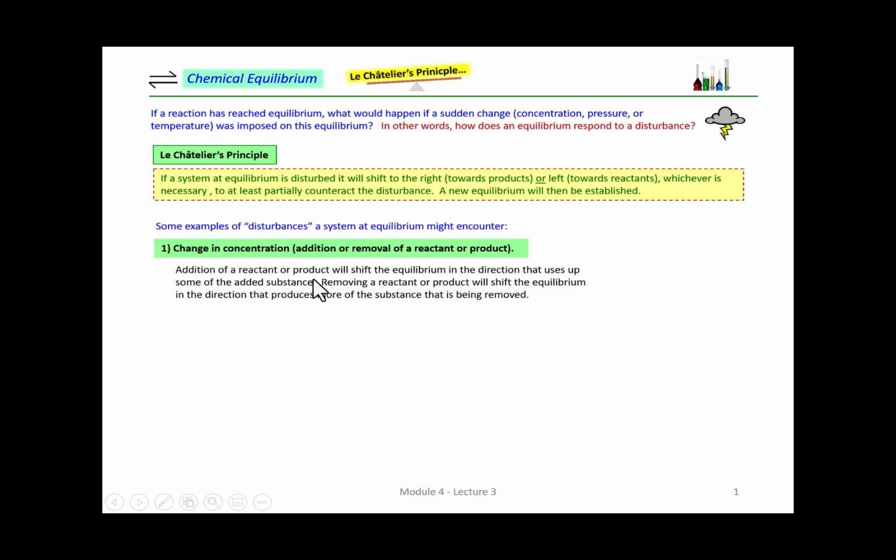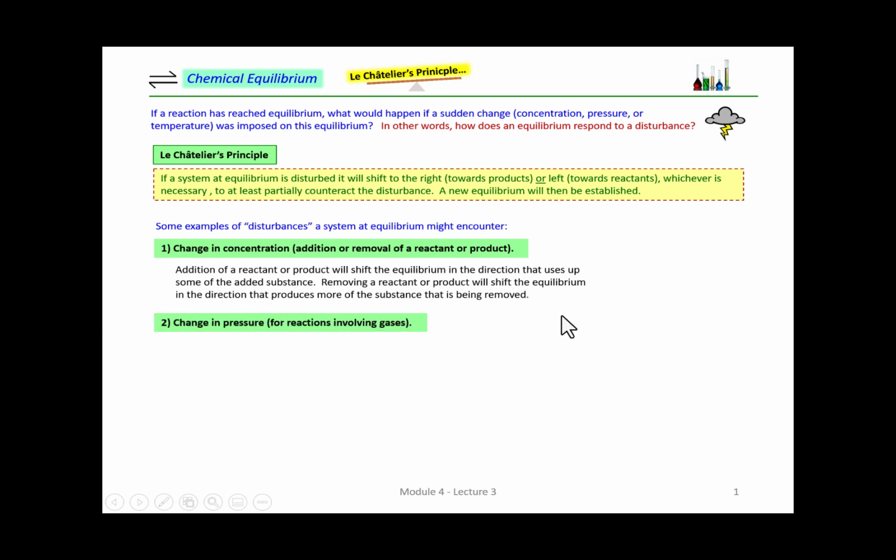That's consistent with Le Châtelier's principle, in which the equilibrium is shifting in a direction to partially counteract the disturbance. So if you add a reactant or product, the equilibrium will shift in a direction that uses up whatever you added. If you remove a reactant or product, the equilibrium will shift in the direction that produces more of the substance that is being removed.